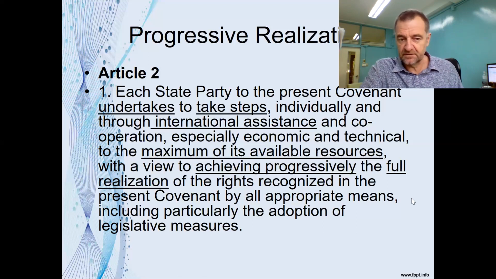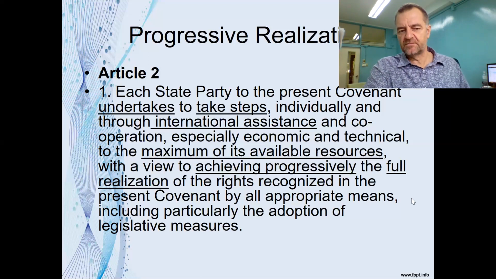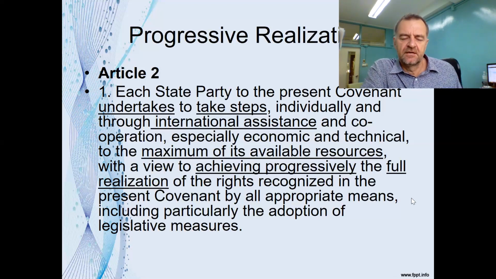So let's go through and unpack these various parts to it. So first, each party to the present covenant, a state party means a state that has ratified the treaty and is therefore legally bound by it. First, they've got to undertake to take steps. Now, undertaking and taking steps are distinct, but they are related.